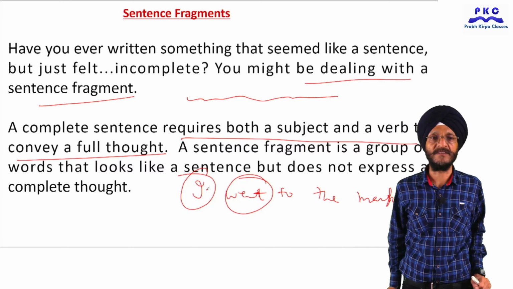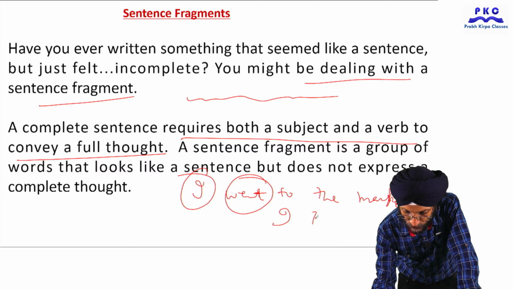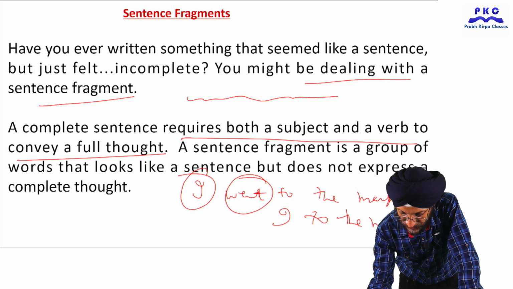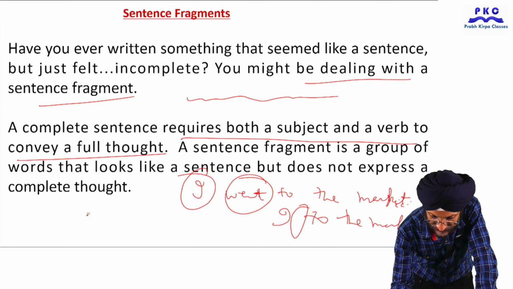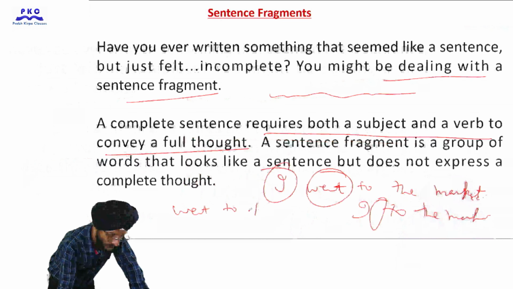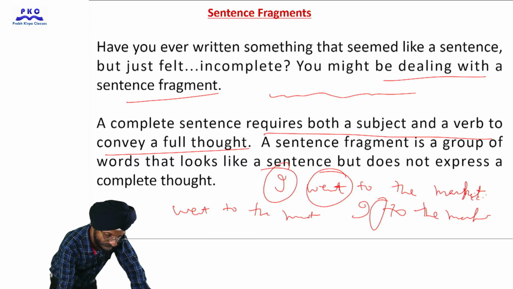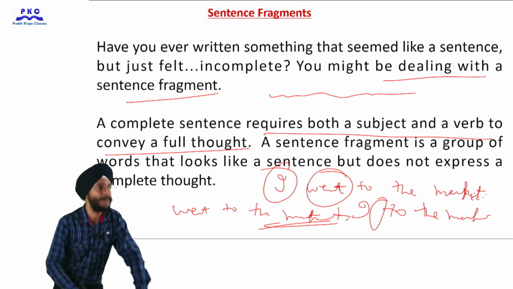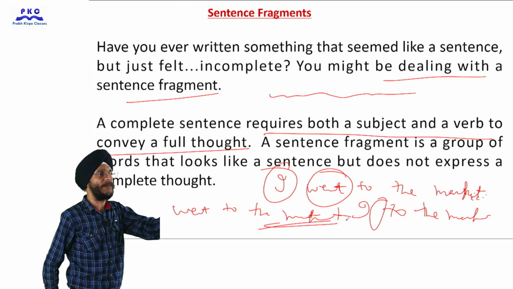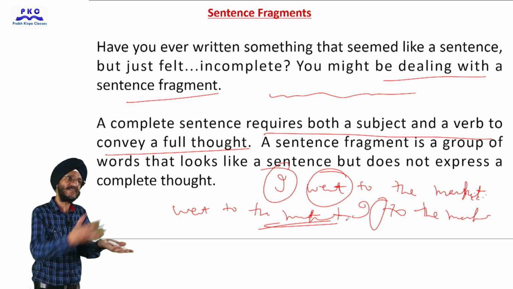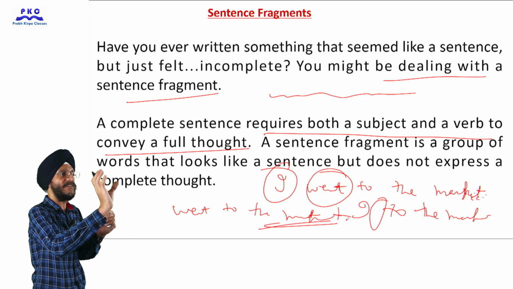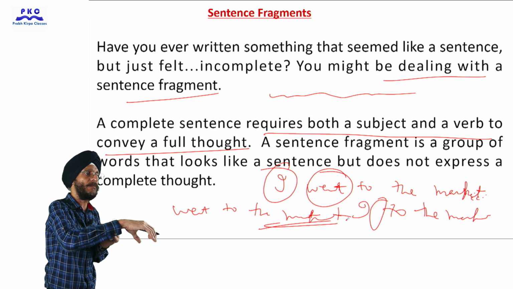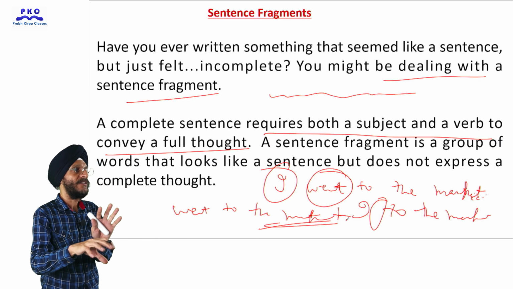If we write "I to the market," does it mean something? No, because the verb is missing. If we simply write "went to the market," does it make sense? No, it also does not make sense because here the subject is missing. So for a complete sentence, the subject should be there, and the verb should also be there.